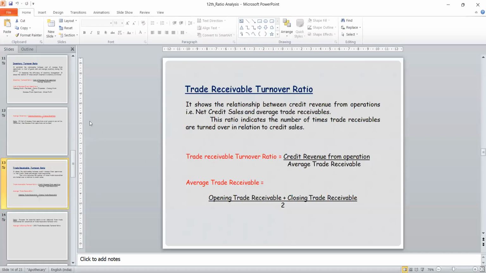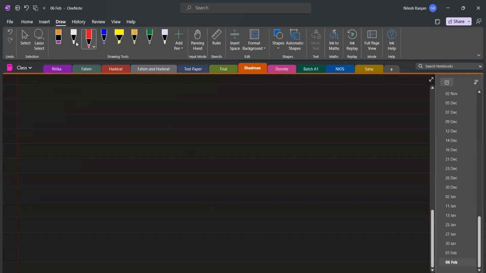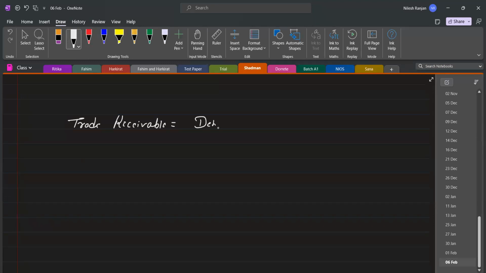It is not given actually. It will be a different formula, that is trade receivable equals debtors plus bills receivable.